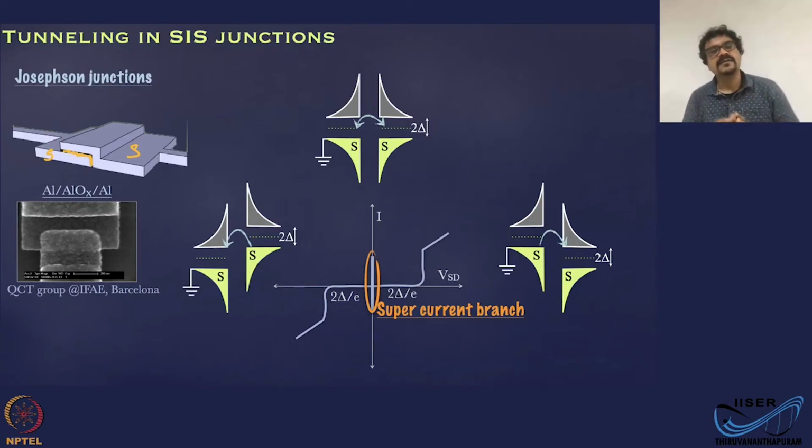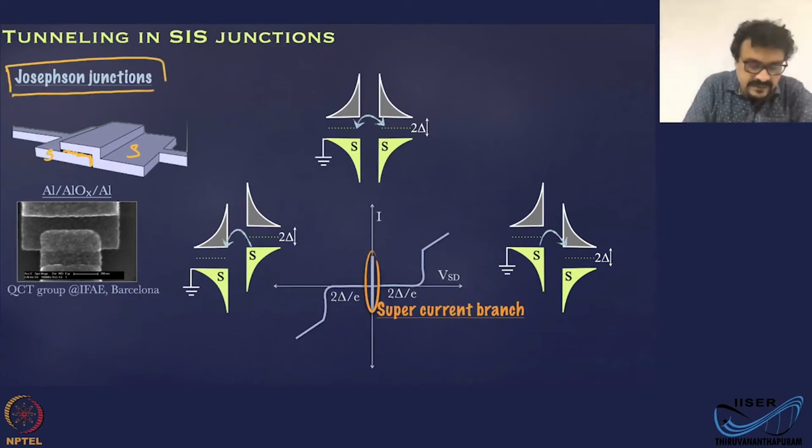These structures are made by a technique called double angle shadow evaporation, which we discussed in the previous lecture. These junctions are also called Josephson junctions. We will discuss the Josephson effects in detail in the coming slides. But let's overview the tunneling process in SIS, that means superconductor, insulator, superconductor junctions.